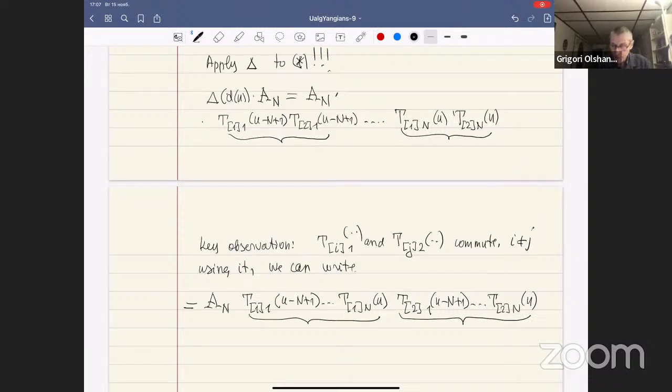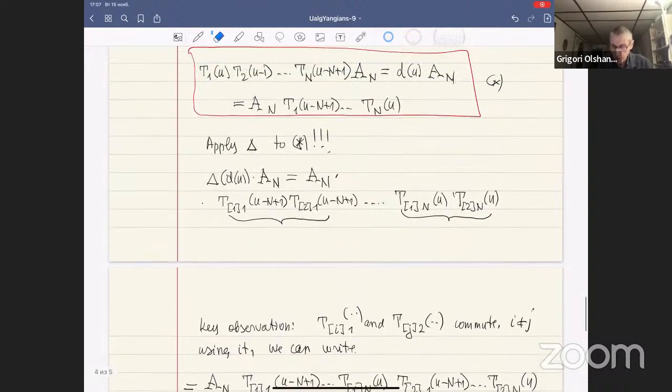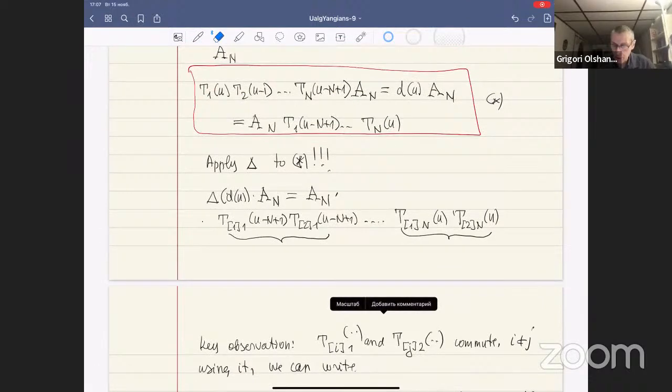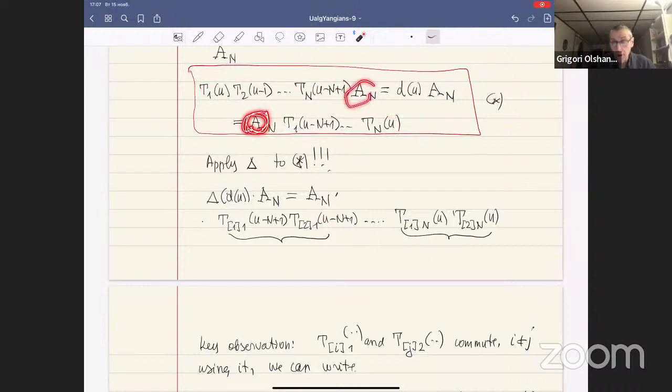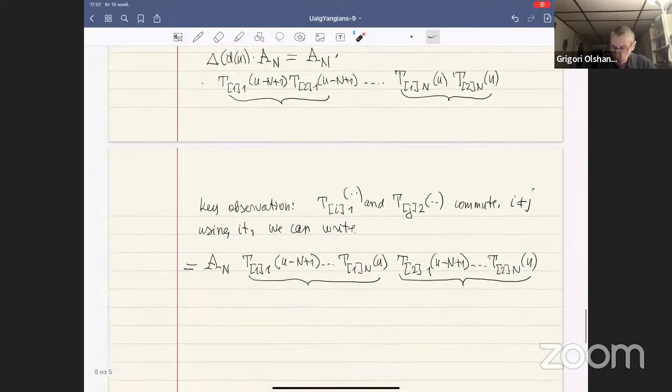But now we apply our relation, which gives us the possibility to rewrite such a product as such a product. So this enables us to move this projection on the right. But we have this, it does not matter.